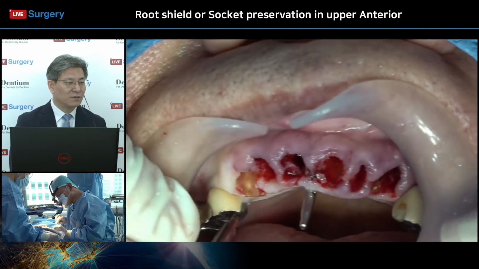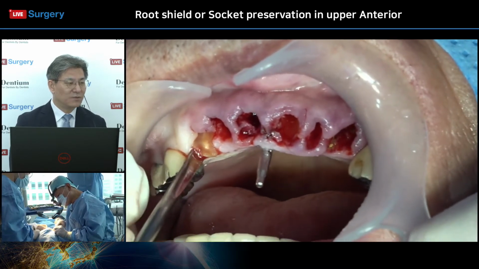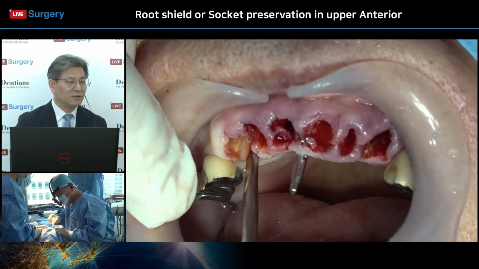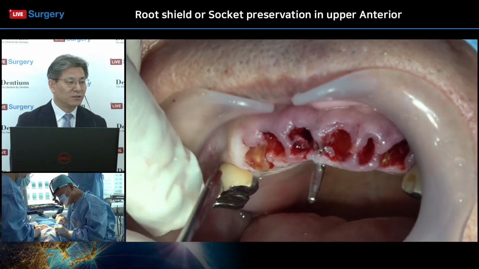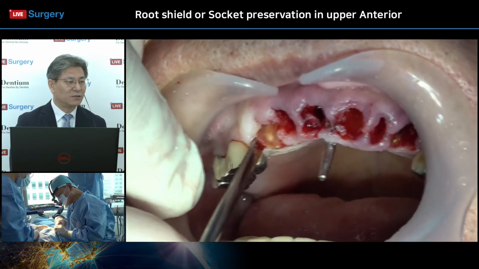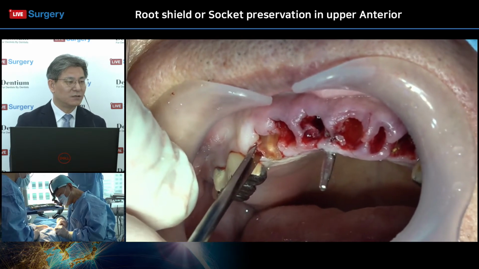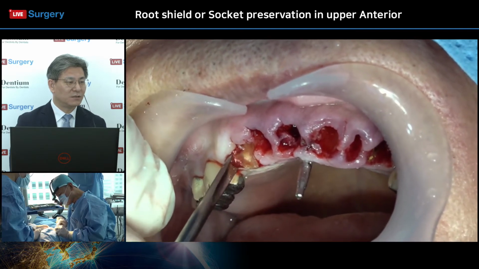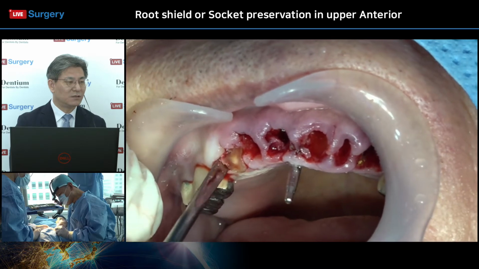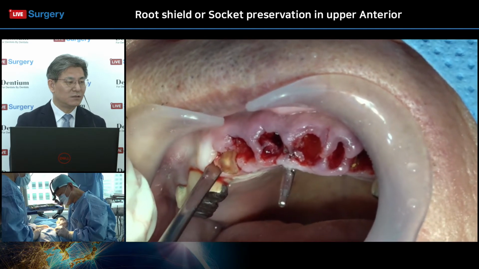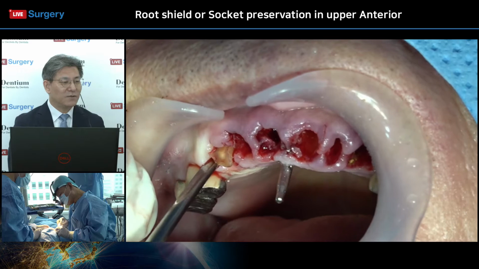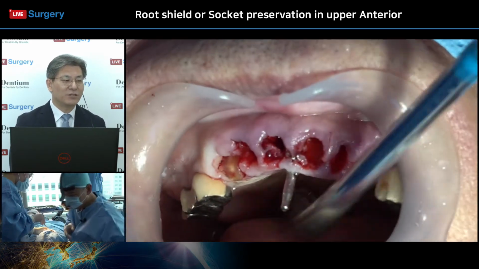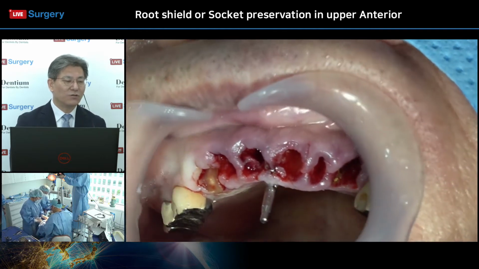Yeah, so remove this part. Very gentle and gentle. Actually, canine is a very difficult portion for the socket shield technique because of the curvature and length of the root.